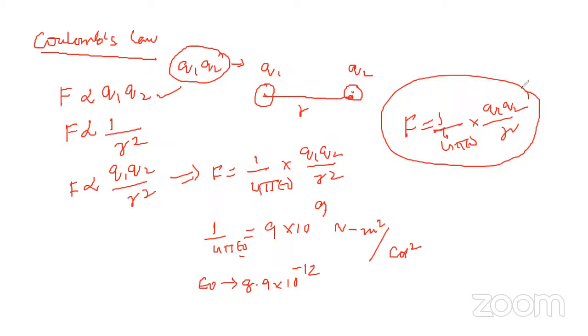Next, we talk about electric field. What is electric field? We should know this to study Gauss law and related topics. The electric field is the region surrounding an electric charge.